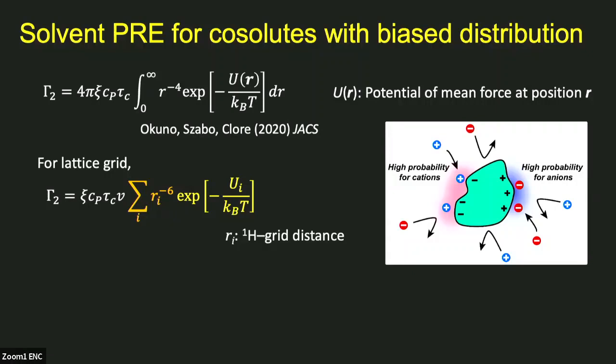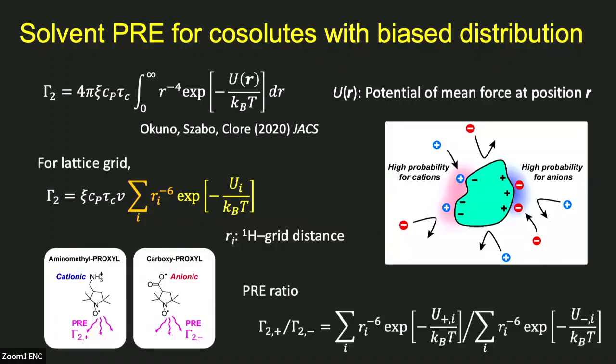If you convert this equation into 3D lattice space, it becomes this relatively familiar form, which is quite similar to the Otting-Lamaster equation. But there is a fundamental difference in that it contains the Boltzmann factor that represents statistical weight according to the potential.